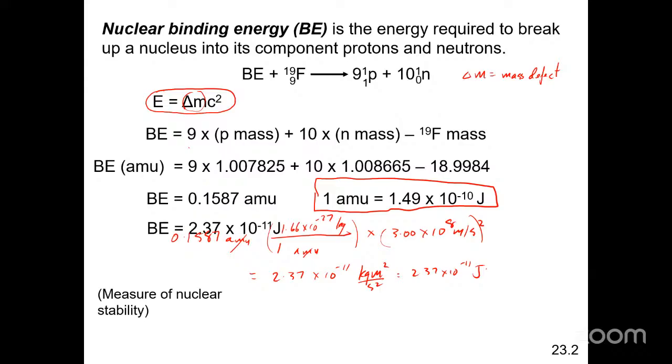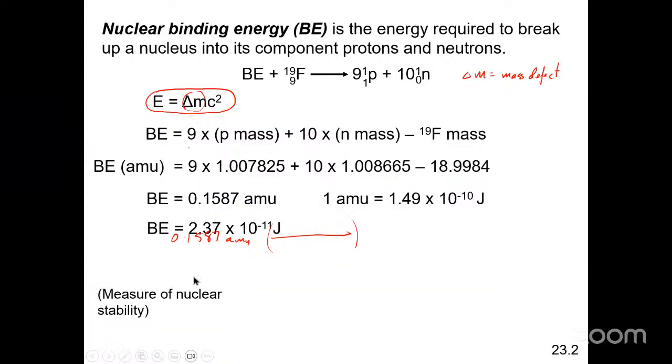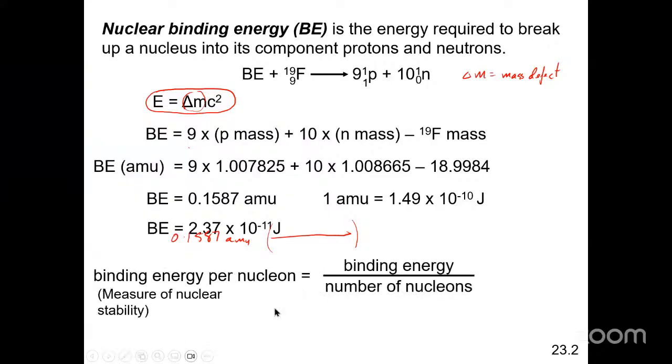Okay, now let me clear this here because the true measure of the stability of a nucleus is what is known as the binding energy per nucleon, right? Now, a nucleon is basically a particle that is present in a nucleus, right? So the nucleons, of course, will be the protons and neutrons, right?